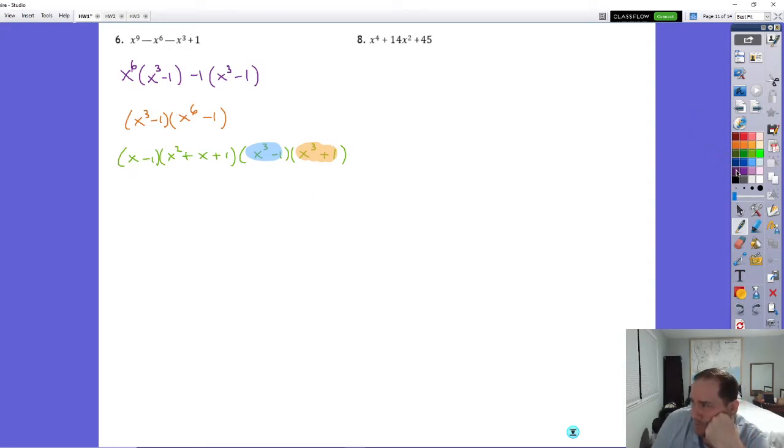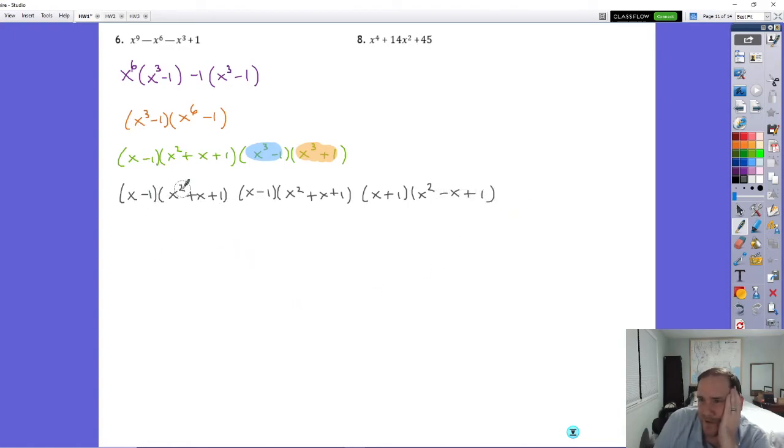So nothing to it but to do it though. So here we go. Bring down your x minus 1. Bring down your x squared plus x plus 1. Factor the blue one and you get x minus 1, x squared plus x plus 1. Factor the orange one, you get x plus 1, x squared minus x plus 1.